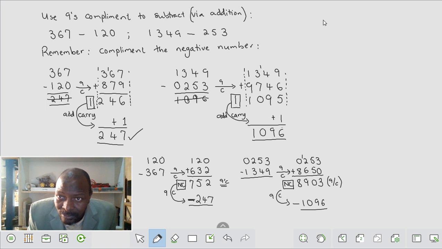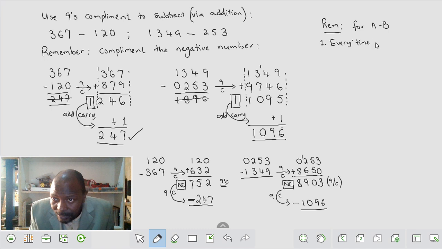Just remember, 1, every time, remember for A minus B, number A minus number B, every time A is greater than B, what are we going to have?